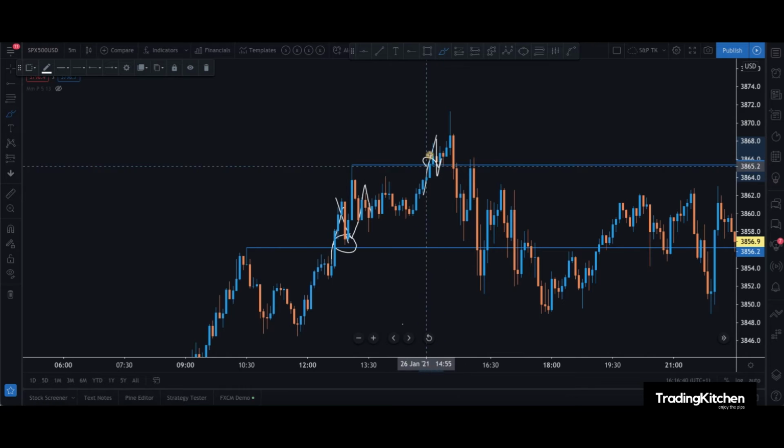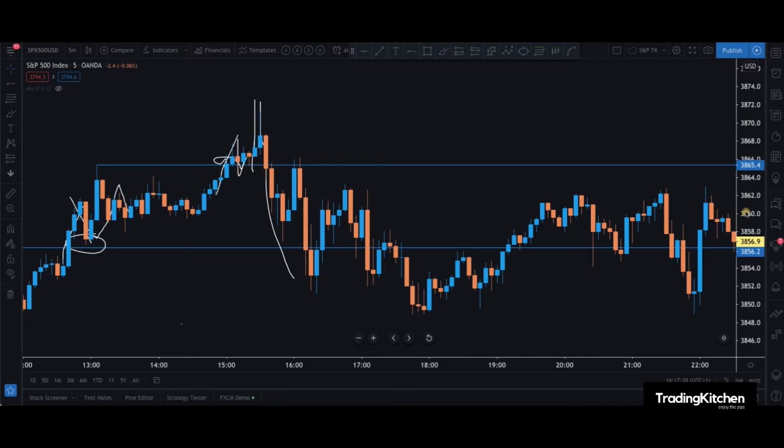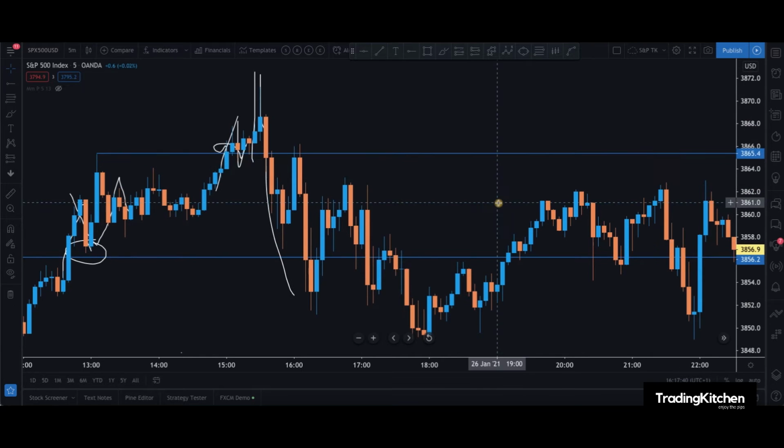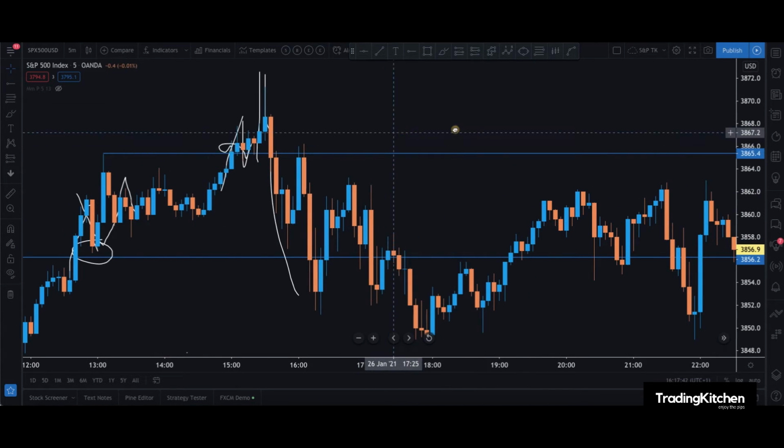I can go buy here, but then the market turns to a downtrend. Our job is to try to avoid this kind of mistake most of the time. So don't buy high, and obviously don't sell low.